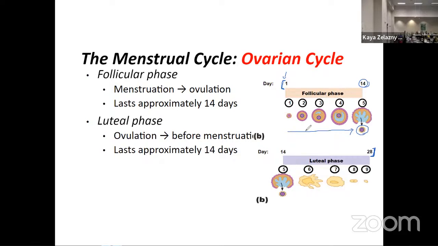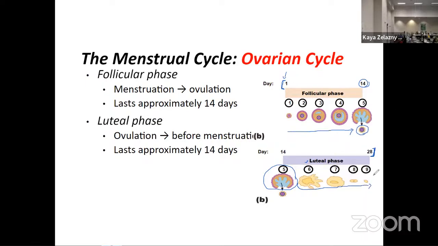And then during the second half, so after ovulation, during the luteal phase, what we're seeing is essentially degeneration of those structures we've built up. So we released our egg cell and the remaining structures degenerate and become actually a gland that starts to fade away until menstruation begins, and then we loop back to the beginning.